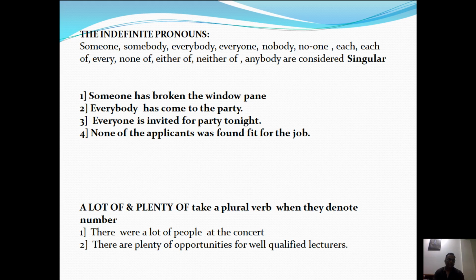Let's check some examples. Someone has broken the window pane. Everybody has come to the party. Everyone is invited for party tonight. None of the applicants was found fit for the job.